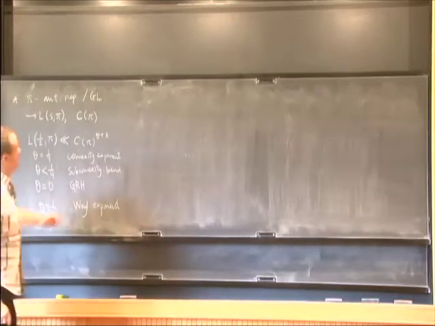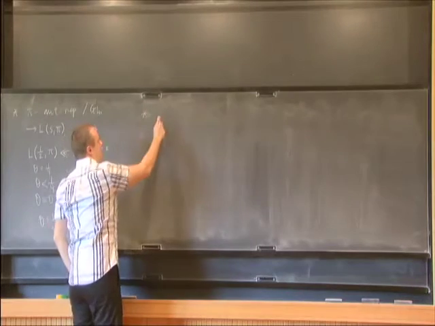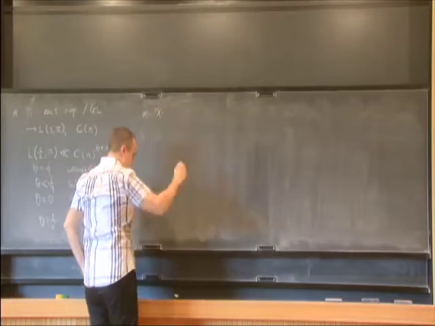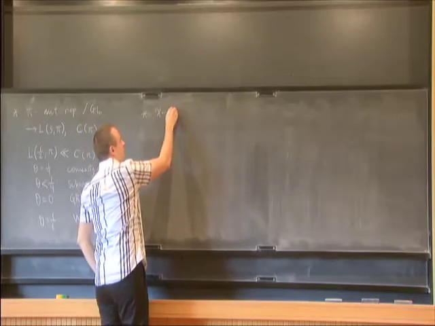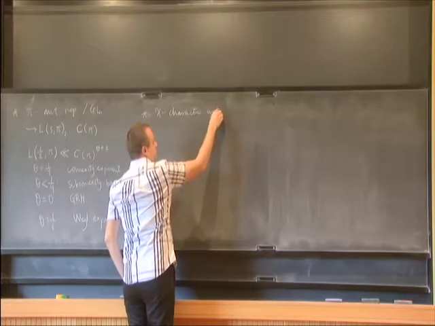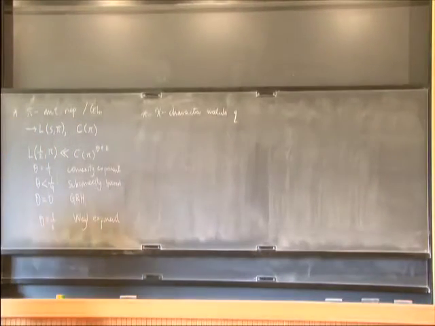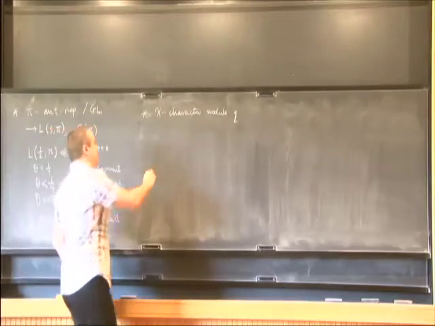Okay, so of particular interest for me will be the following case. I'm going to take chi to be a Dirichlet character modulo q. And I'm going to be interested in central values of the Dirichlet L functions associated to this character.